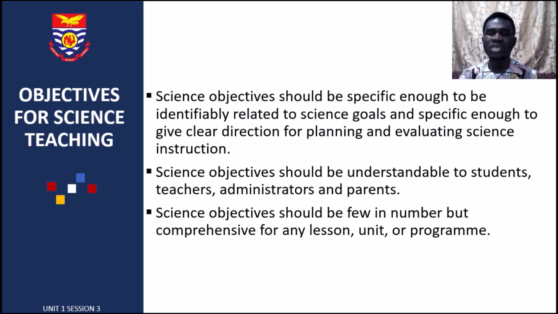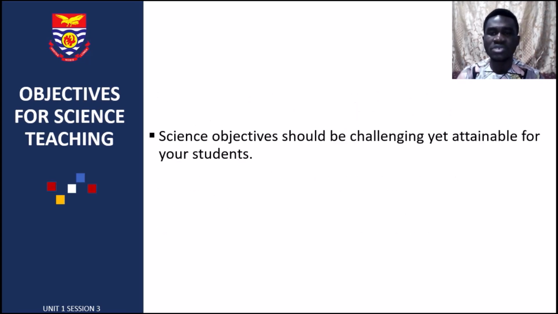So once we state specific objectives, when it comes to dealing with those objectives, we must deal with them comprehensively so that learners will be able to acquire all the experiences that we want them to get out of that unit or lesson.